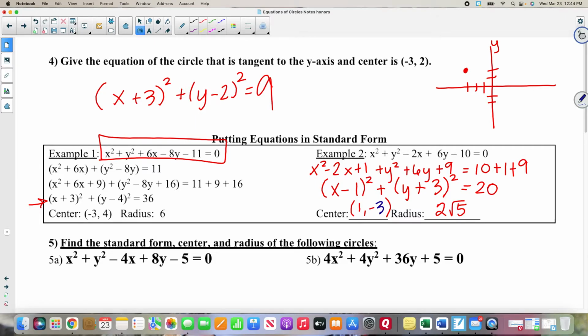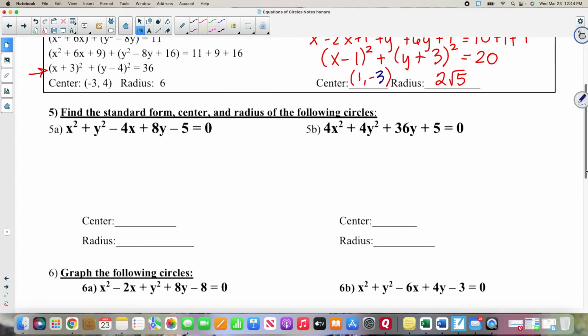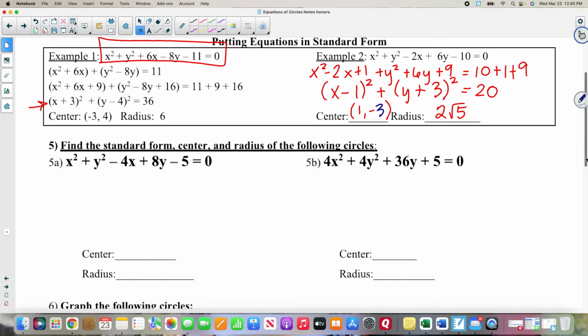All right, so you're going to do 5A. Please do not start 5B because it's different. So I want you to do 5A. I'm going to leave mine so you can see it.